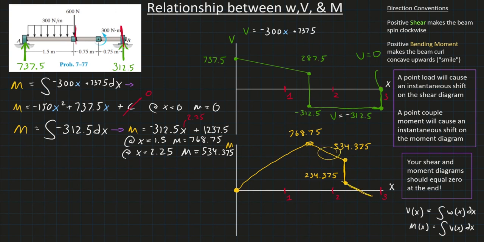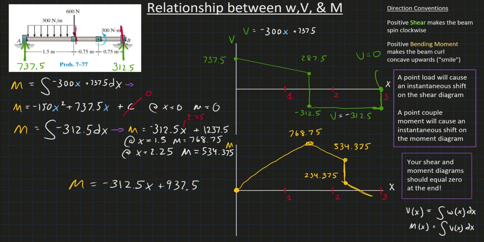It's just that this line has been shifted down because of this instantaneous shift. So really, I have the exact same equation as last time, but minus 300. And if I subtract 300 from this whole thing, it's going to take a chunk out of this 1237. So 1237.5 minus 300 gets me 937.5.